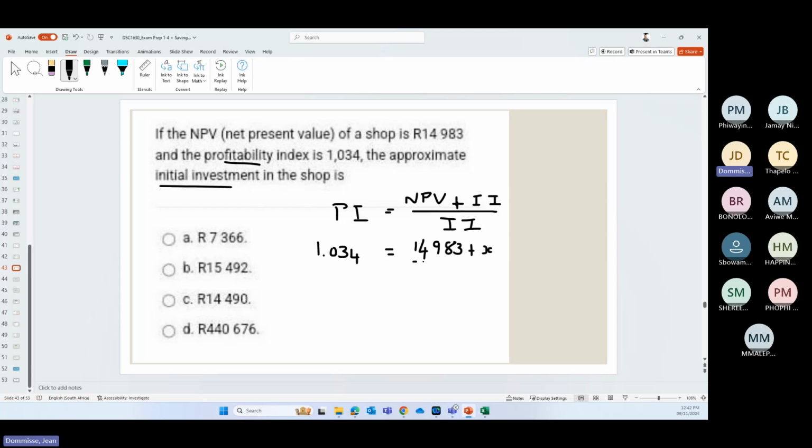We don't know what it is, so I'm going to replace it with the x. Then we need to solve for x, so now our normal algebra kicks in. X times that to get rid of the x on both sides or underneath.